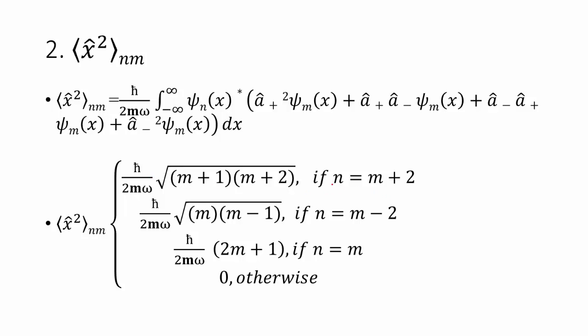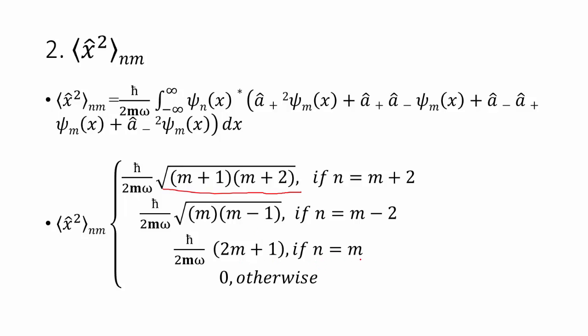Therefore if m equals n plus 2, we have this part of the integral being 1, and we can pull the square root of (n+1)(n+2) out, and we evaluate the expression as h bar over 2mω times the square root of (n+1)(n+2). And similarly, if we have m equals n minus 2, we have h bar over 2mω times the square root of n times (n−1).